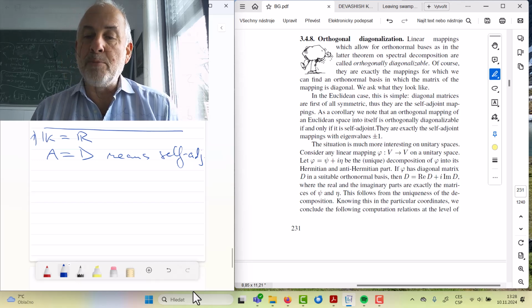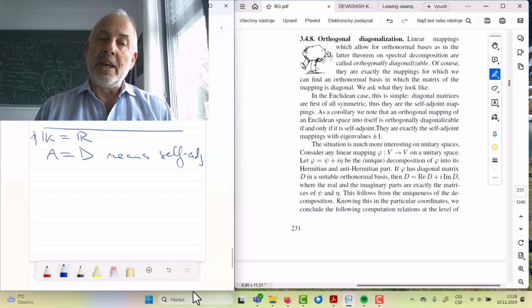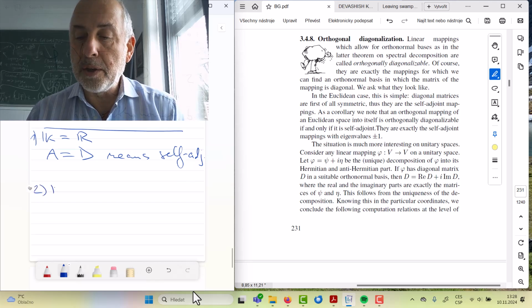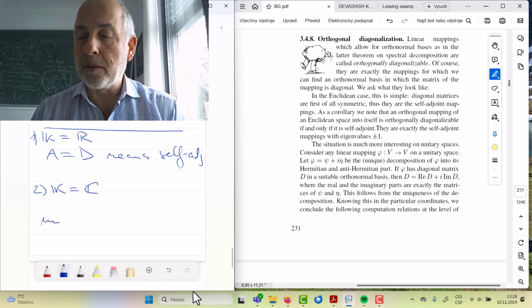So that means that the diagonalizable ones are those which in any orthonormal basis happen to be symmetric. If the scalars are C, it's much more interesting.